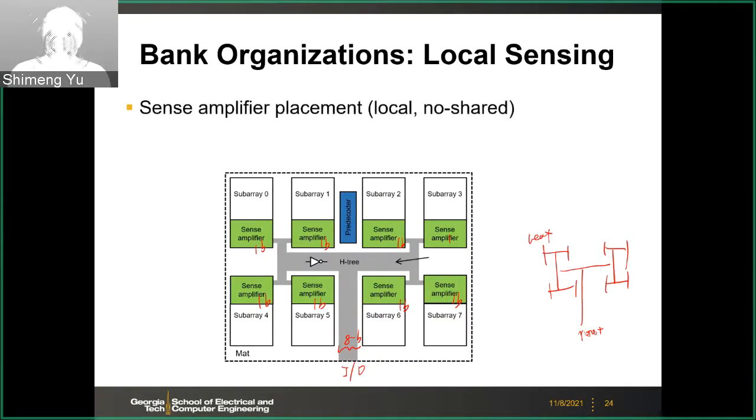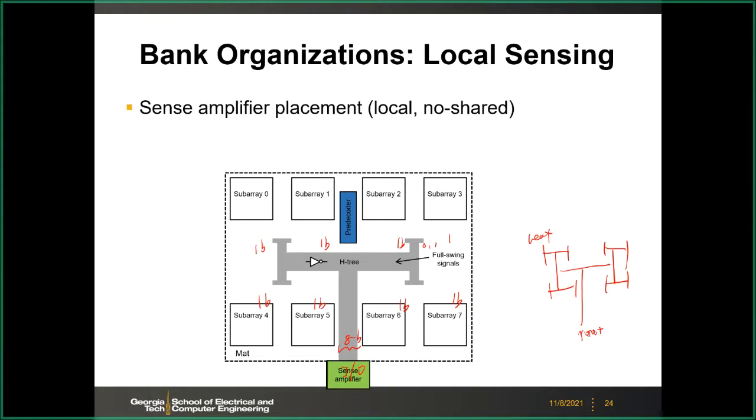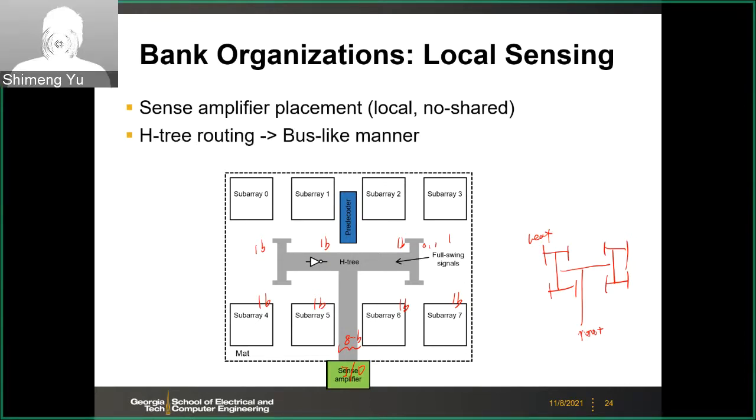So here, the sense amplifier can be placed locally, and then you have full swing signal. That means you already convert to 1 and 0 locally, and then just get those 8 bits out, shown in this animation. So this is H-tree routing, more like a bus-like channel.